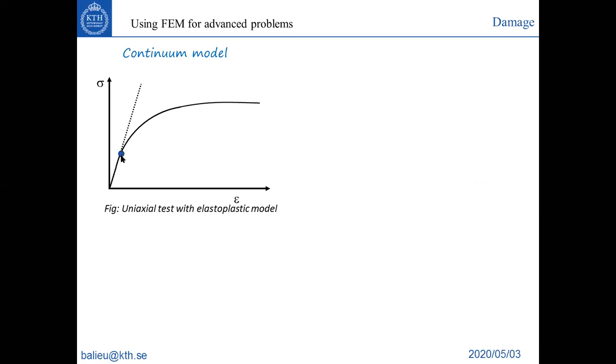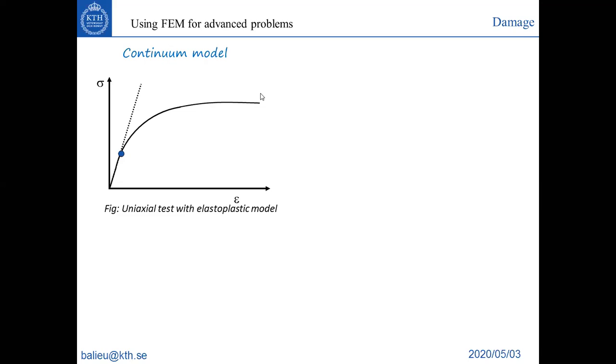After a while you reach the initial yield stress, and then you have an evolution of the yield stress, so you have hardening, in this case nonlinear hardening. The plasticity occurs. Here there is a saturation, and you can continue the displacement without an increase of stress.